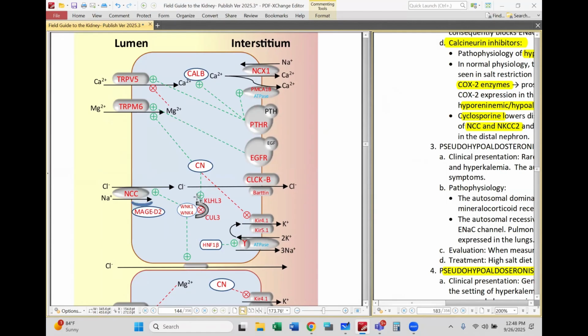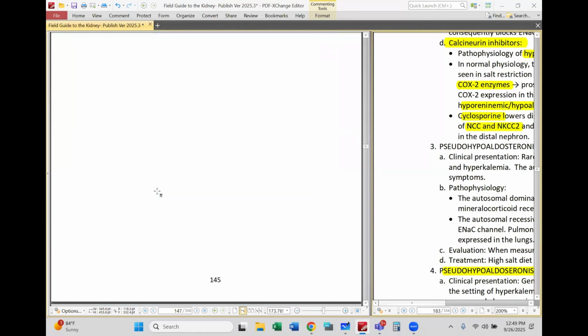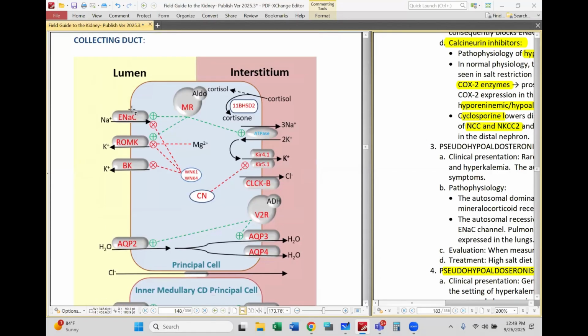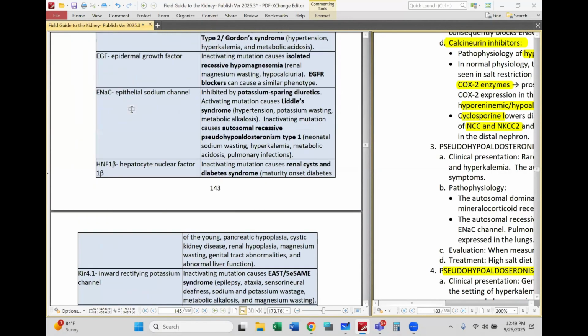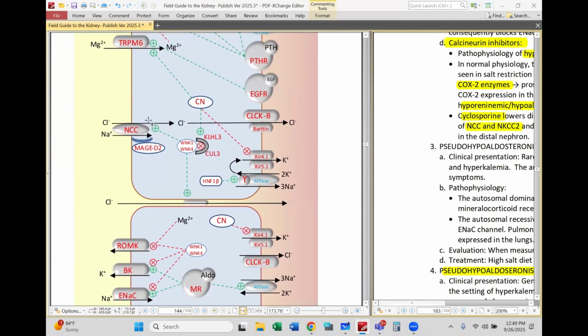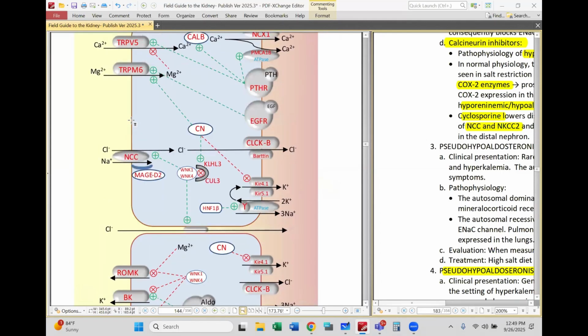These are underpinning Gordon syndrome. You can see that calcineurin interacts with these regulators of NCC. You can see that also the WNKs interact with potassium channels in the collecting duct. So Gordon syndrome and calcineurin inhibitors cause hypertension by upregulating NCC activity.